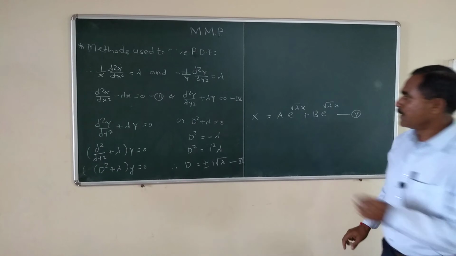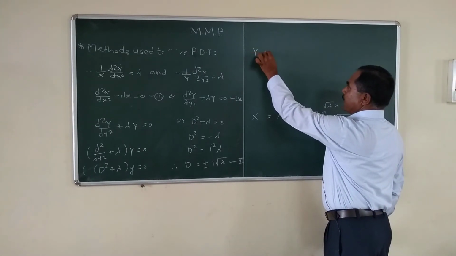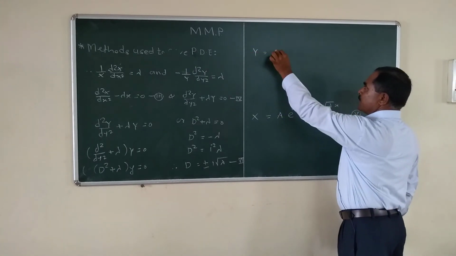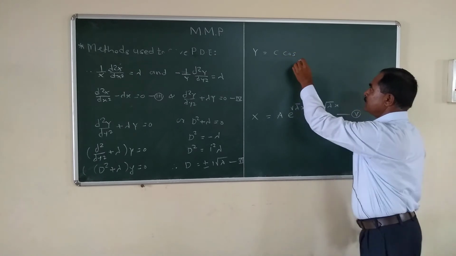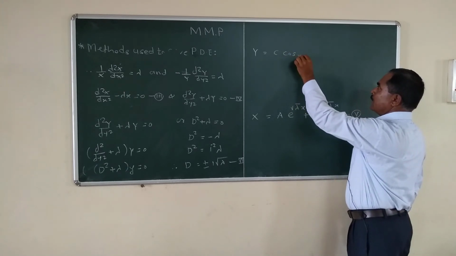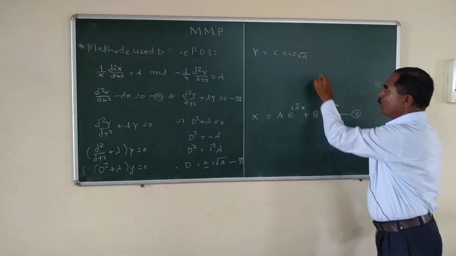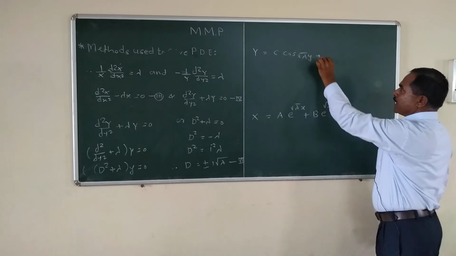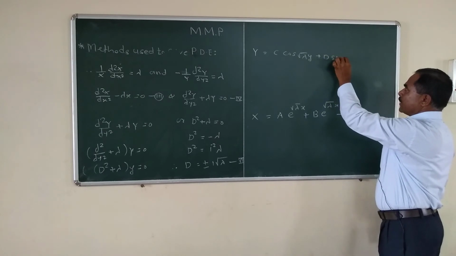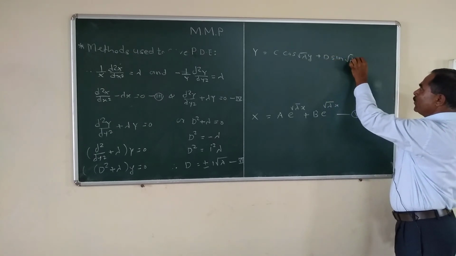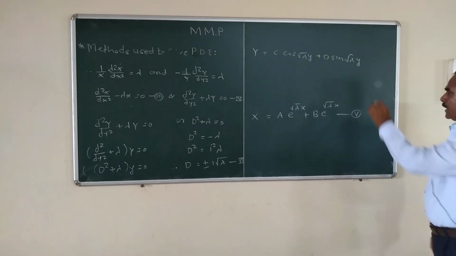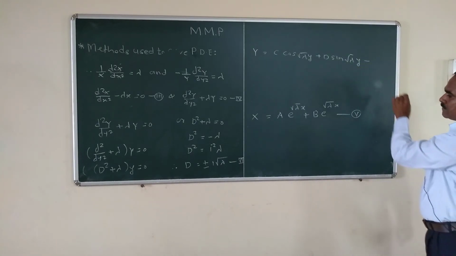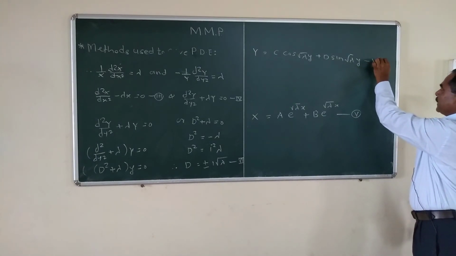Therefore Y equal to C cos of root lambda into y plus D sin of root lambda into y, equation number 7.